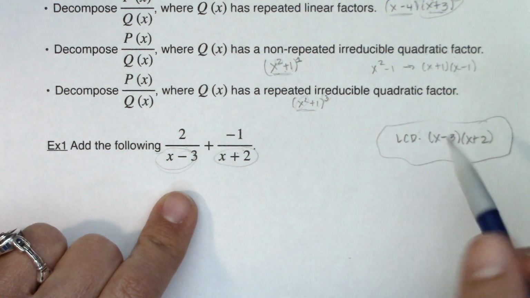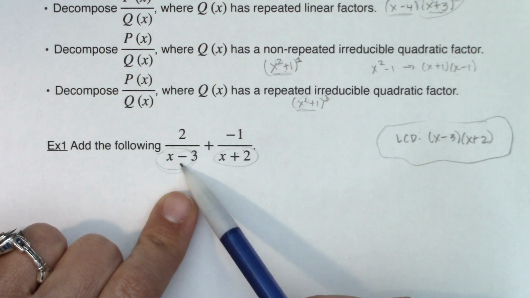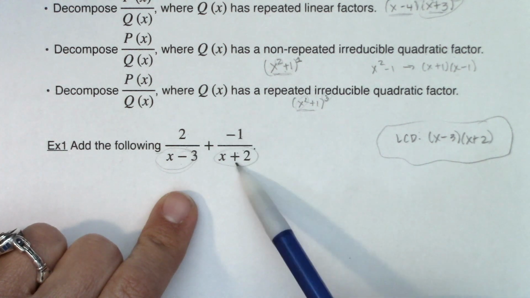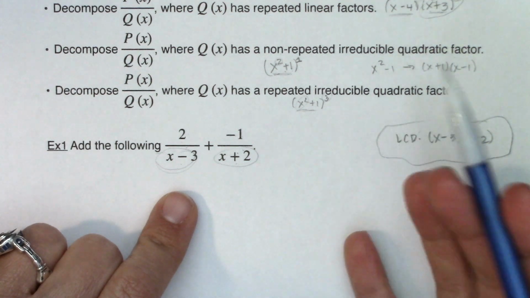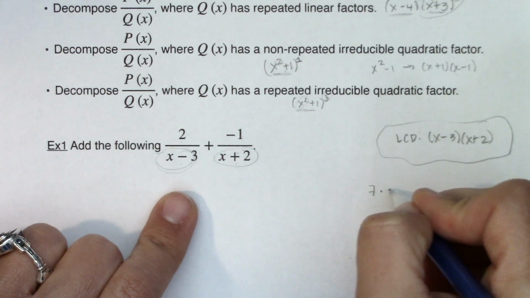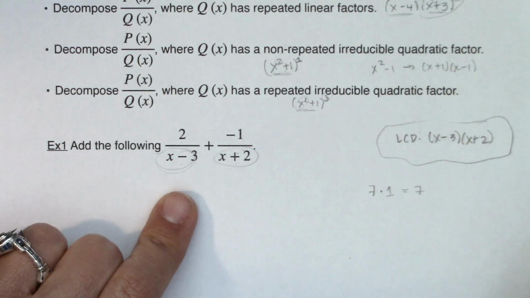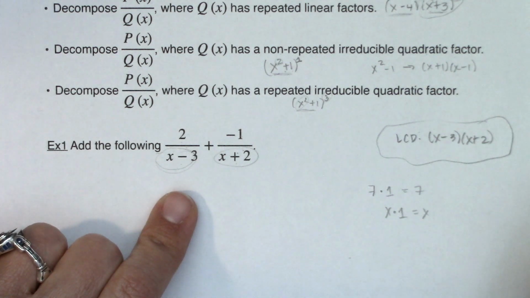And so what I'm going to do in the process for adding fractions is multiply this first fraction by 1 and this second fraction by 1. And when you multiply anything by 1, you don't change its value because 1 is the multiplicative identity. If I took 7 and I multiplied it by 1, I still get 7 back out. If I take x and I multiply it by 1, I still get x back out.